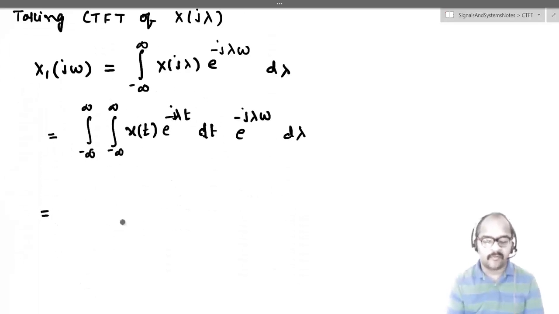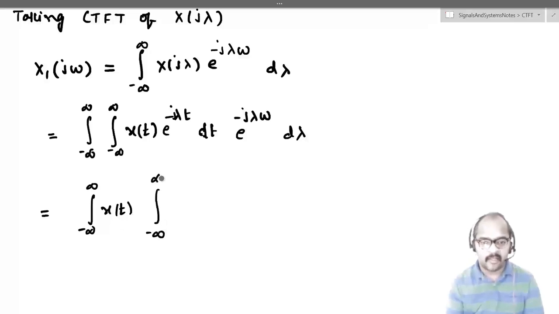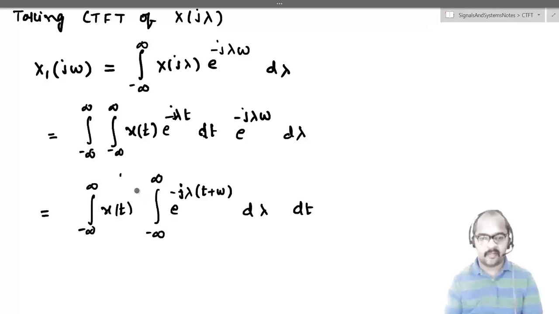First we integrate with respect to lambda. Integration with respect to t we will do later, and hence we bring x of t out. Now integrating with respect to lambda, you get the integral of e power minus j lambda times t plus omega d lambda, and later we do integration with respect to t.